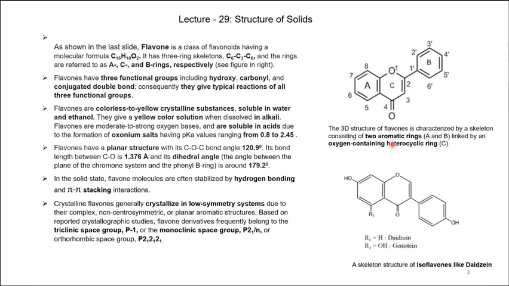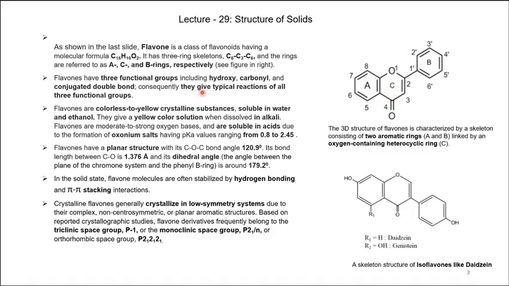Okay, then we talk about flavone. This is a class of flavonoids, as I said, and the molecular formula of flavone is C15H10O2. You can see that there are 3 rings: one C6 ring, another C6 ring, and a C3 ring.